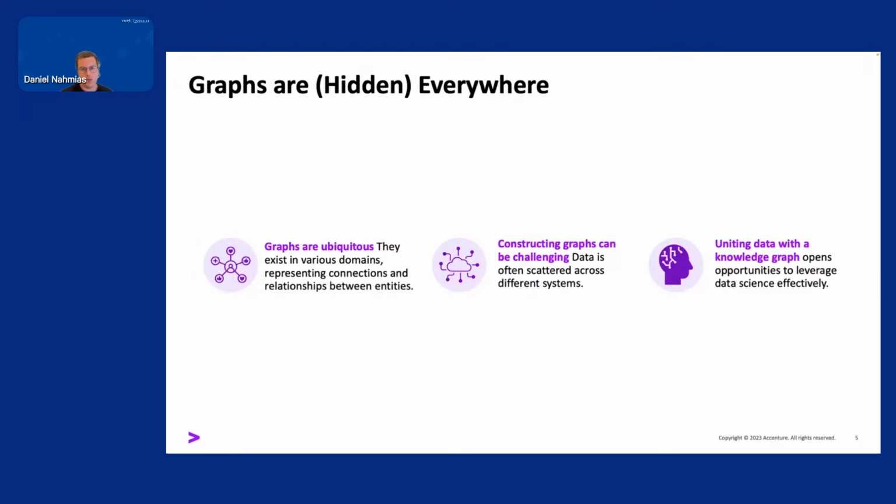The process of bringing together scattered data to form a coherent graph requires a tremendous R&D effort. However, if we do invest in gathering data into a knowledge graph, we open new opportunities to effectively leverage data science. The structured nature of a graph enables more efficient analysis, discovery of patterns, and extraction of valuable insights.